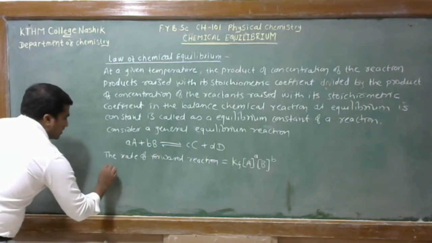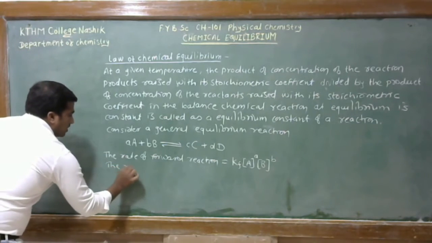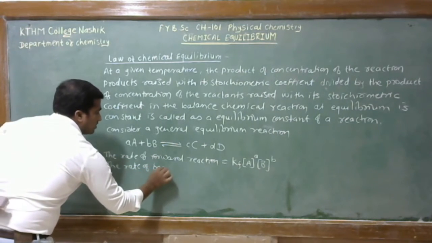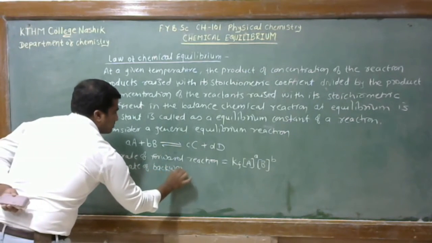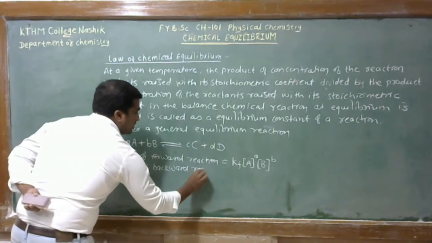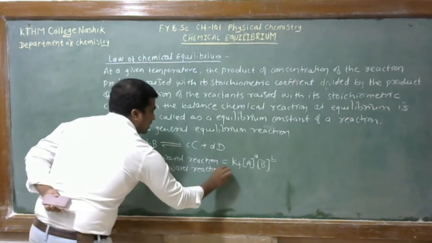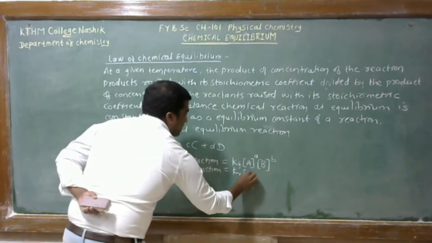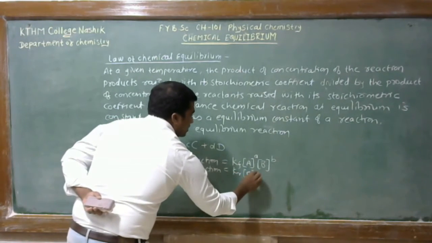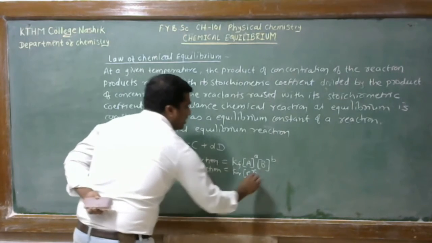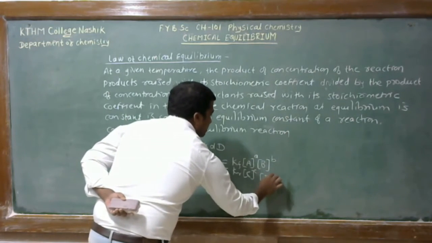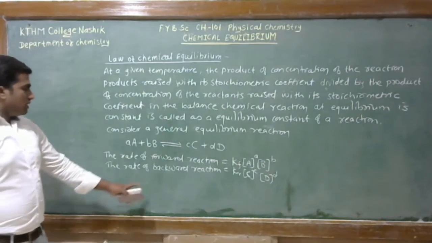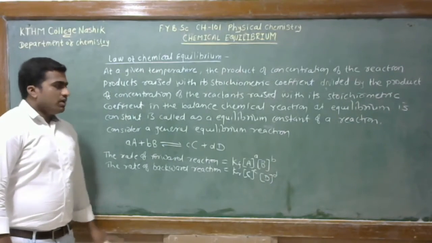Now similarly, the rate of backward reaction is equal to Kr into capital C raised to power small c into capital D raised to power small d. Okay, so this is about the rate of backward reaction.